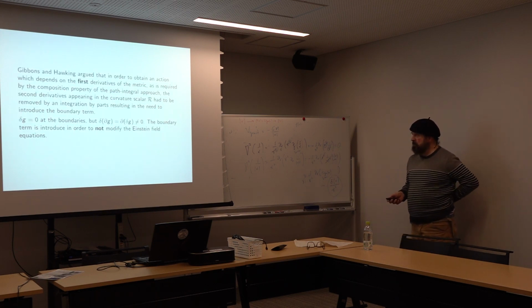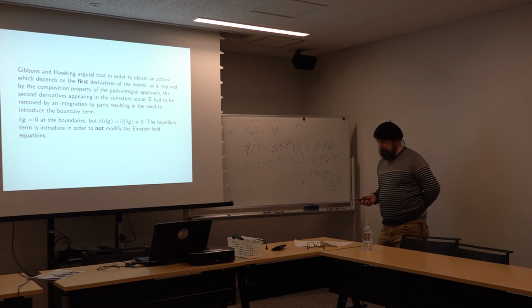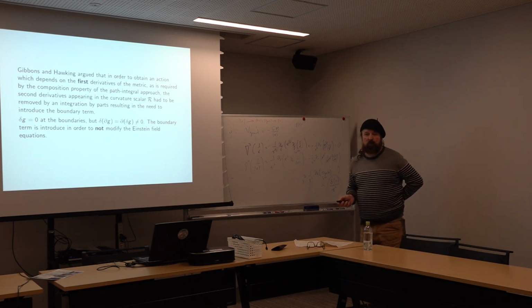It's actually more subtle. You see, the way Einstein worked with Riemannian curvature, the curvature is in general given in terms of 2 derivatives of the metric. So Gibbons, Hawking, and York wanted to work with an action that only depends on the first derivative of the metric, instead of a second derivative of the metric.